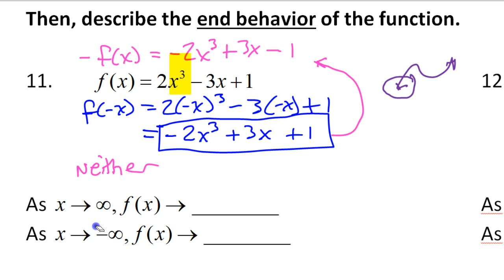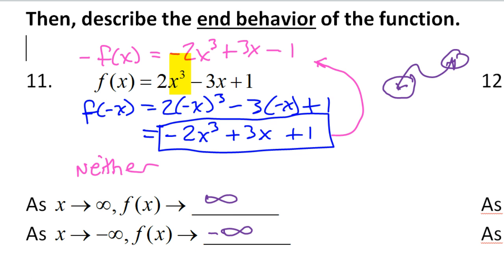I usually put the left one first, but whoever created this document put the right one first, okay? So this one here at the bottom is actually the one as we go to the left. So as we go to the left, we're going towards negative infinity. As we go towards positive infinity, that's the right-hand side, so it's going towards positive infinity. So this is what everyone should have for number 11.